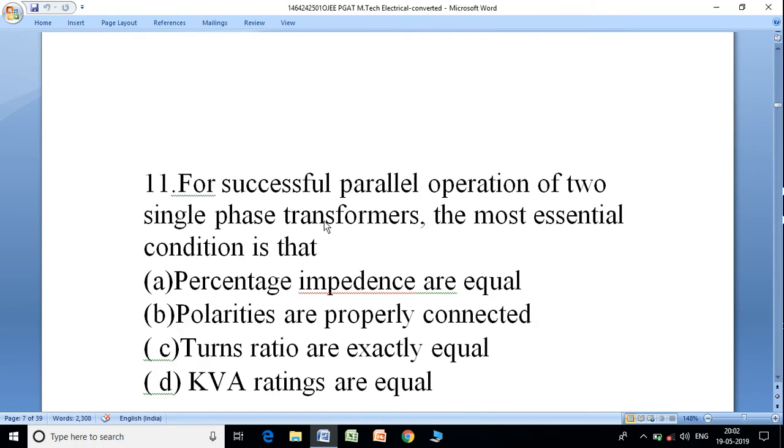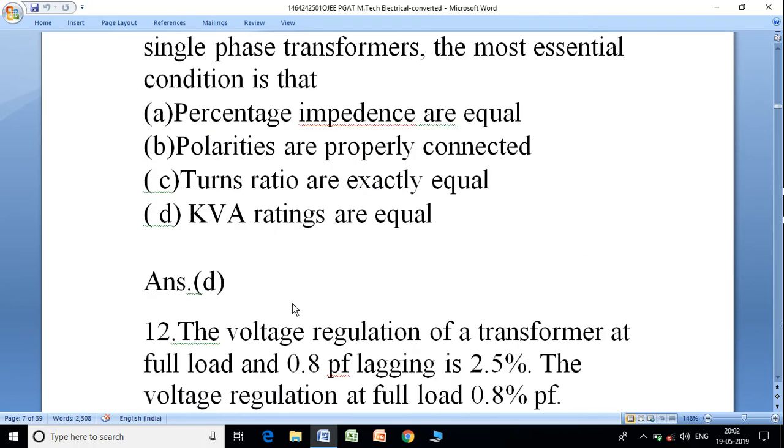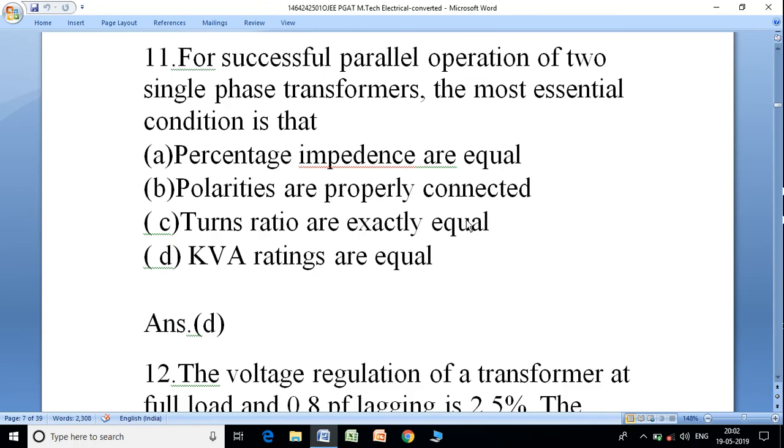So, for successful parallel operation of two single phase transformers, the most essential condition is that percentage impedances are equal, polarities are properly connected, ratios are exactly equal, KVA ratings are equal. So answer D is the correct answer, that is KVA ratings are equal.